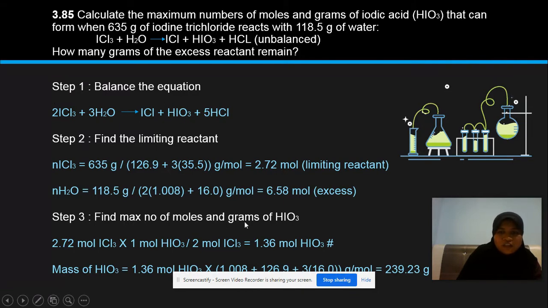So then we can get the number of mole of HIO3, which is 1.36 mole HIO3. Then how to find the mass of HIO3? We just take the number of mole HIO3 and times with the molar mass of HIO3. Then finally we get 239.23 grams.